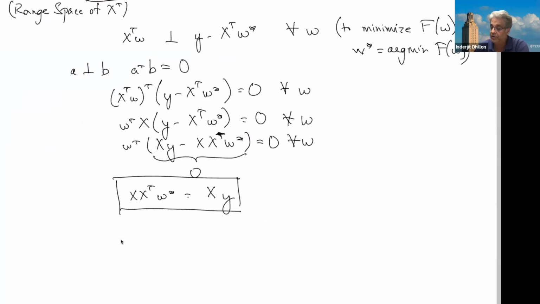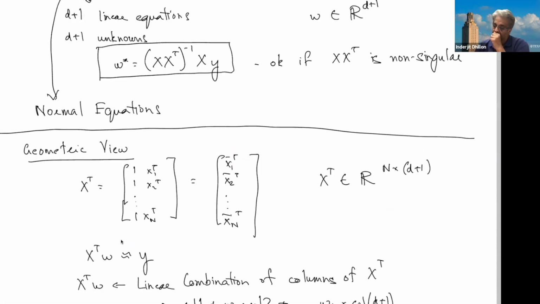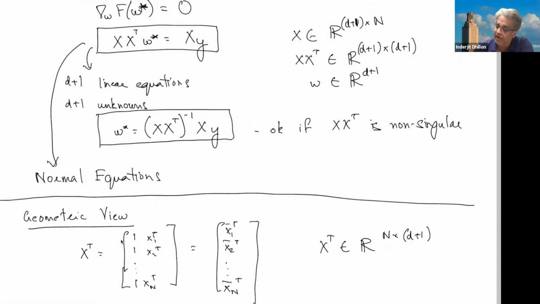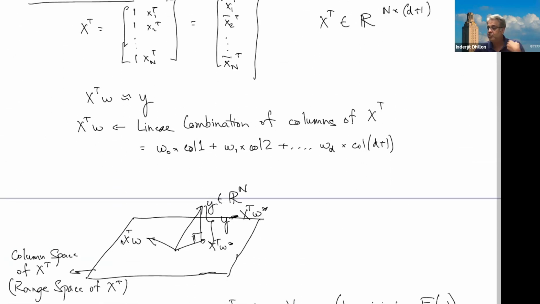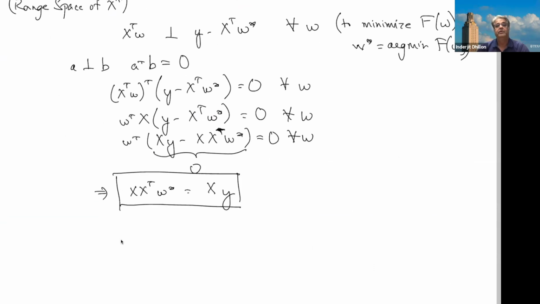So I did not do any calculus over here, right? Just used Pythagoras theorem and some intuition about linear spaces, but I got the same solution as over here. So I'm just trying to give you a geometric interpretation of what this W star is.